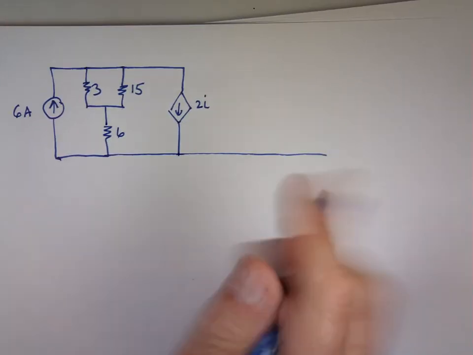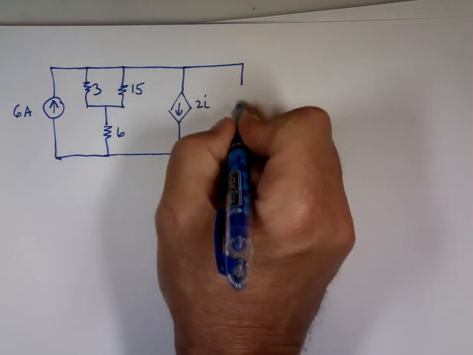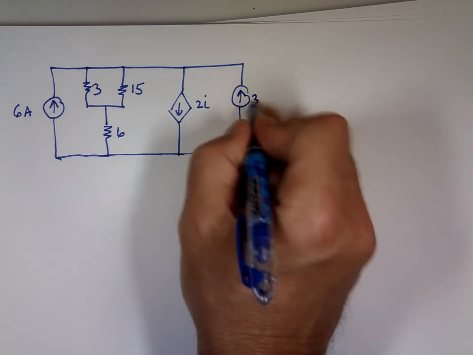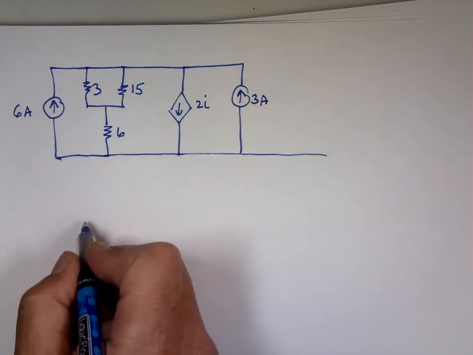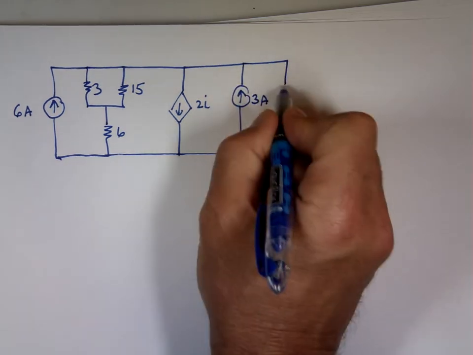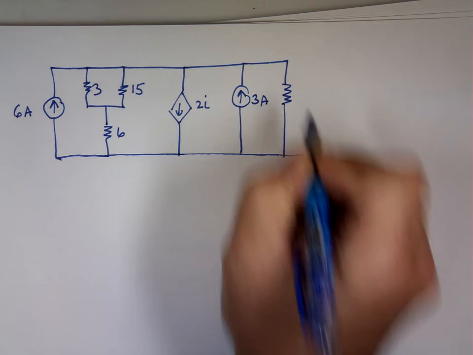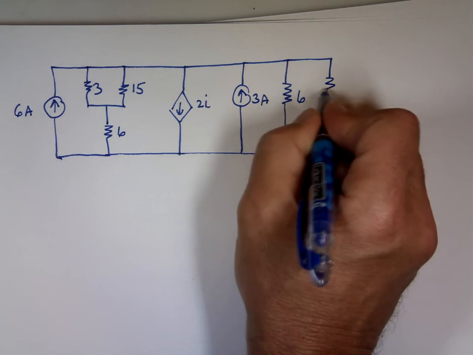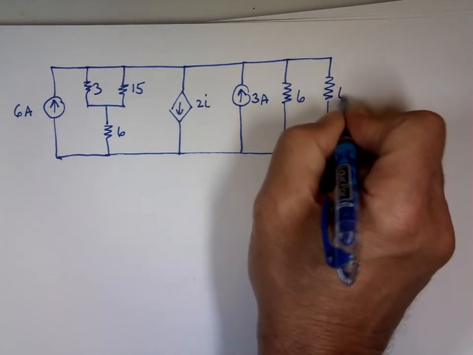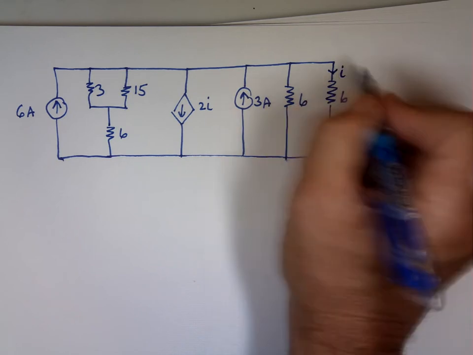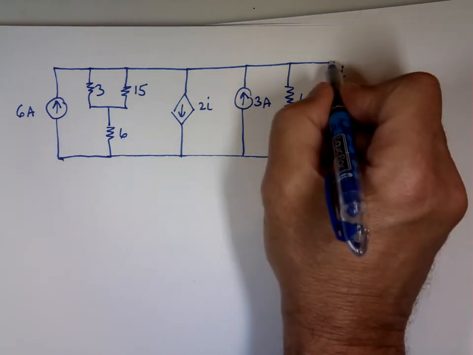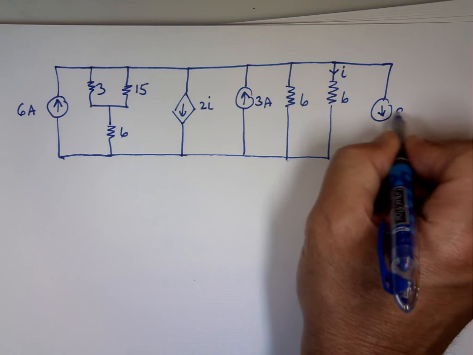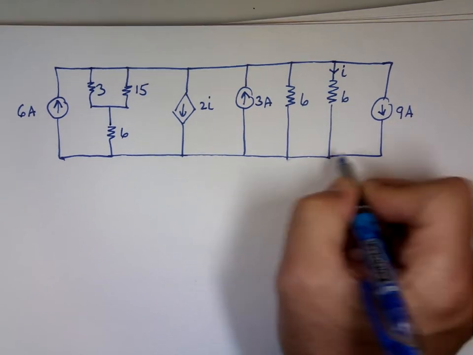Another source here of 3 amps. Another resistor here of 6 ohm, another resistor next to it of 6 ohm, and this is I, by the way, the current through the second one, and we have nine amps coming down. That's what my circuit looks like.